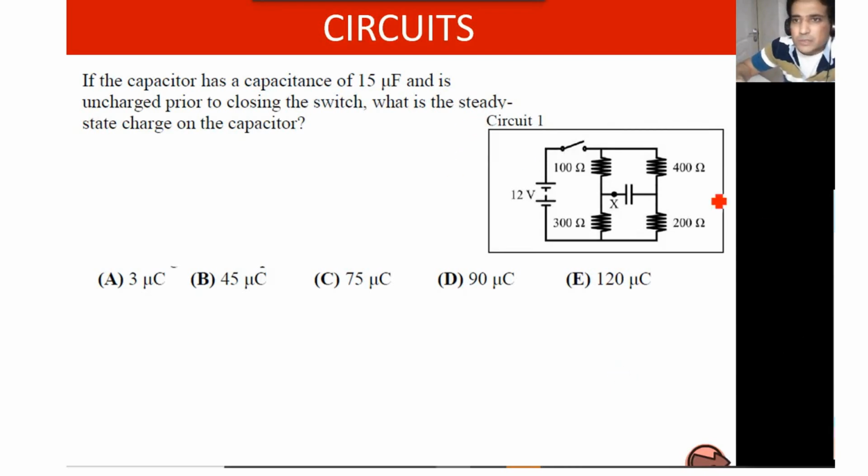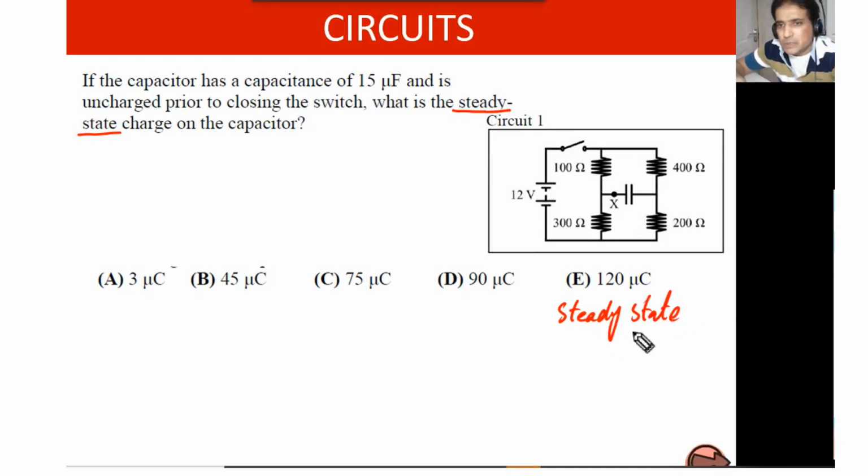You see this question is about steady state, means after a long time. So the steady state means that, if you remember this point from our previous key point, when a capacitor has reached steady state, then the capacitor acts like an open circuit, means no current will flow through that branch of the capacitor.